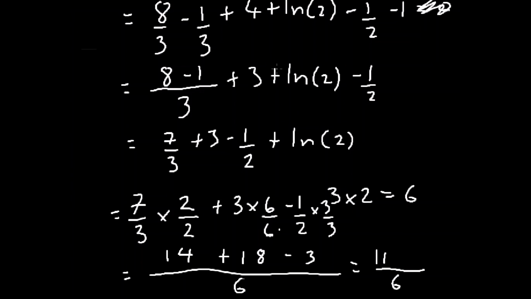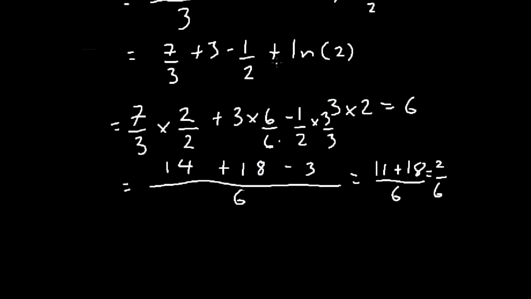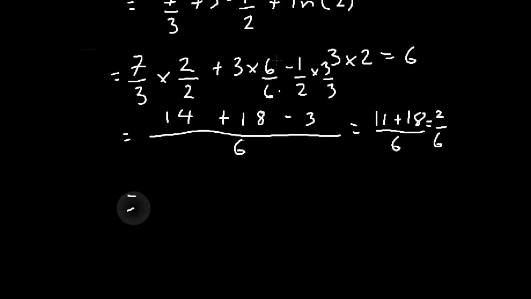So 11 plus 18. And finally, that will all be equal to, all divided by 6, 29. Oh, and of course, I have forgotten the final answer here would be 29 divided by 6, and I still need my ln 2. So that's how the fractions work. That's how it all operates.